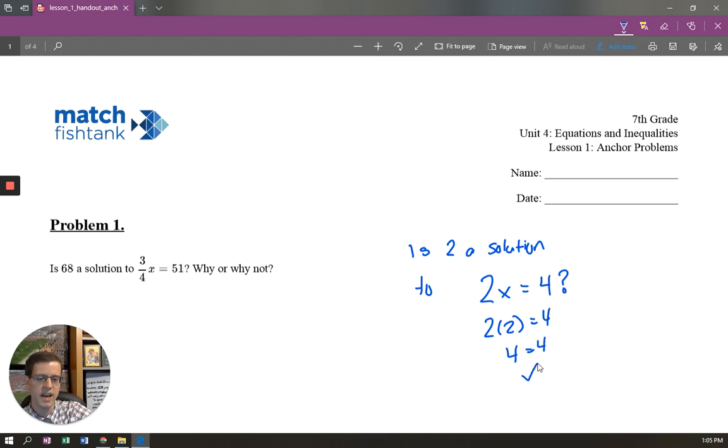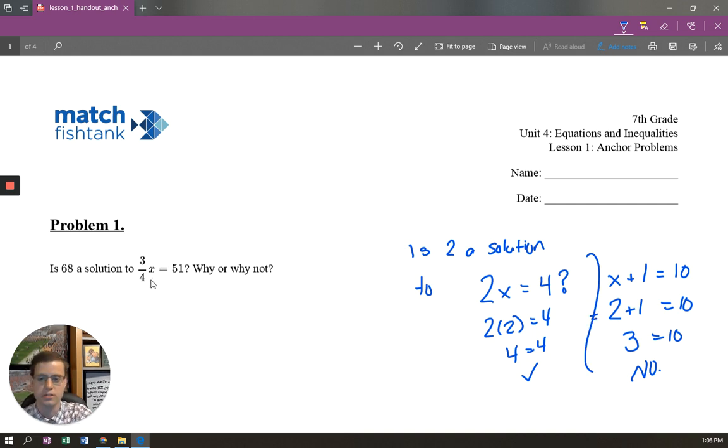And so, yes, 2 is a solution to 2x equals 4. But is 2 a solution to, let's say, x plus 1 equals 10? If I put 2 in for x, 2 plus 1 would have to equal 10. And since 3 does not equal 10, no, 2 is not a solution there.